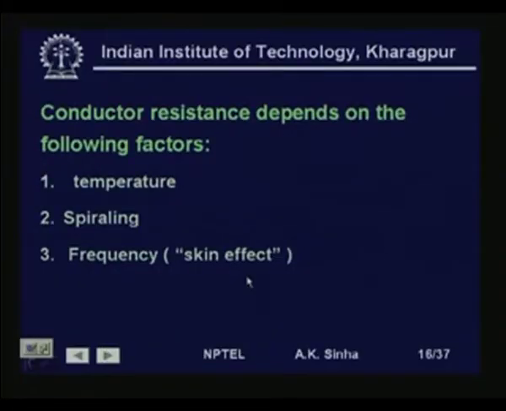We have also said that because of high frequency, the current density does not remain the same, because more and more current flows through the outer part rather than the core, and therefore, the effective cross sectional area is reduced, and this also increases the resistance of the conductor.